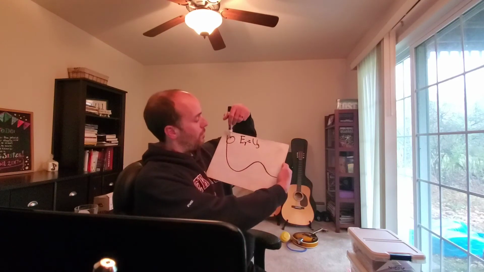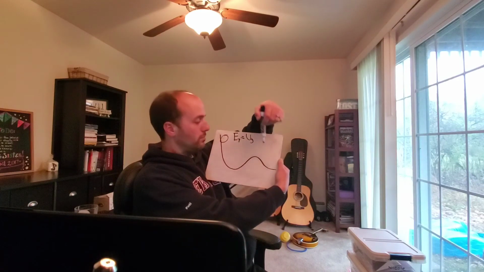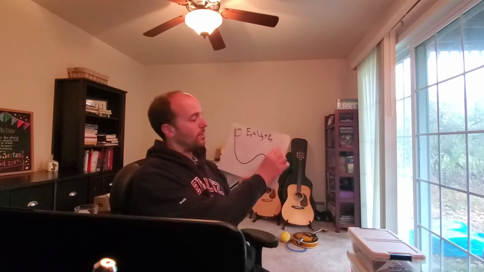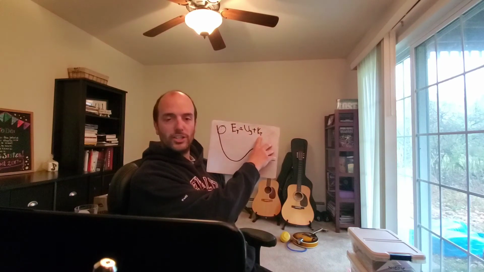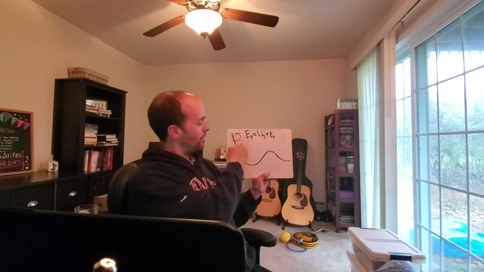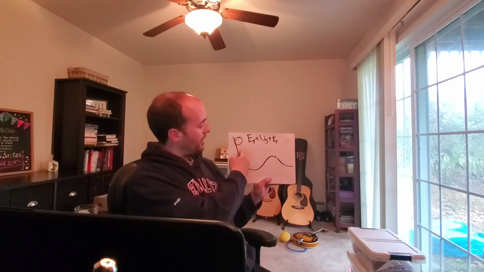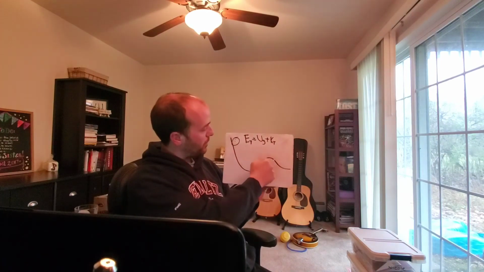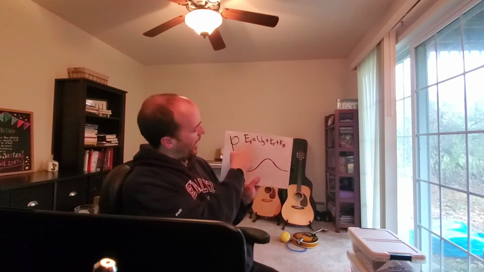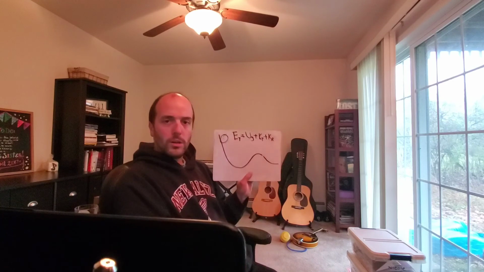That will be your gravitational potential energy for whenever it's above ground level, plus K sub t for its translational or linear kinetic energy, as it's going this way or up this way. And then a K sub r for its rotational kinetic energy, as it's rolling along the track.